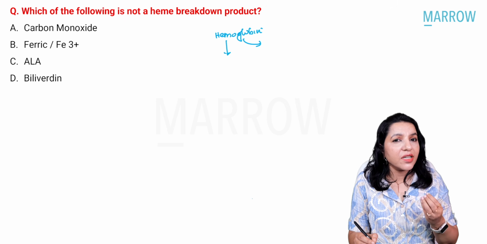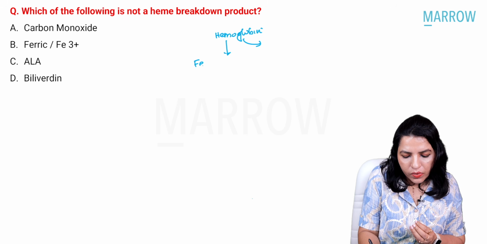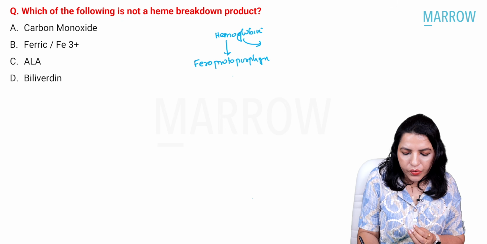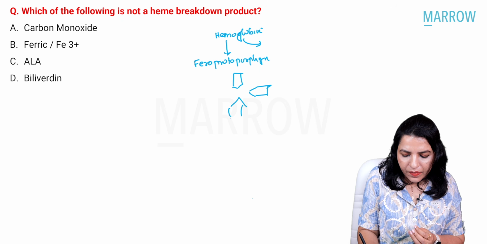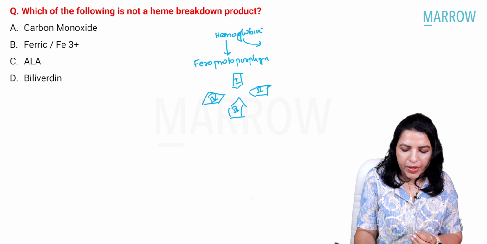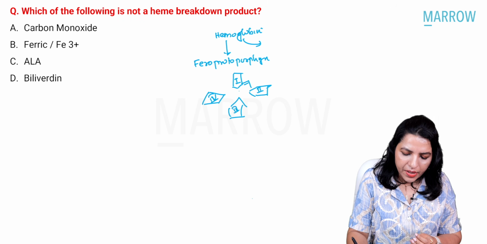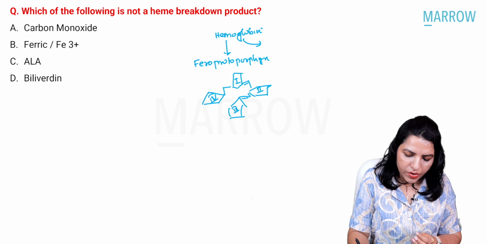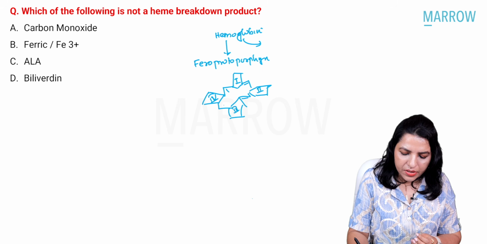We know heme is a ferroprotoporphyrin, where if you remember there is a structure like this with 4 pyrrole rings. This is first, second, third and fourth. 4 pyrrole rings, and they are joined by methenyl bridges.